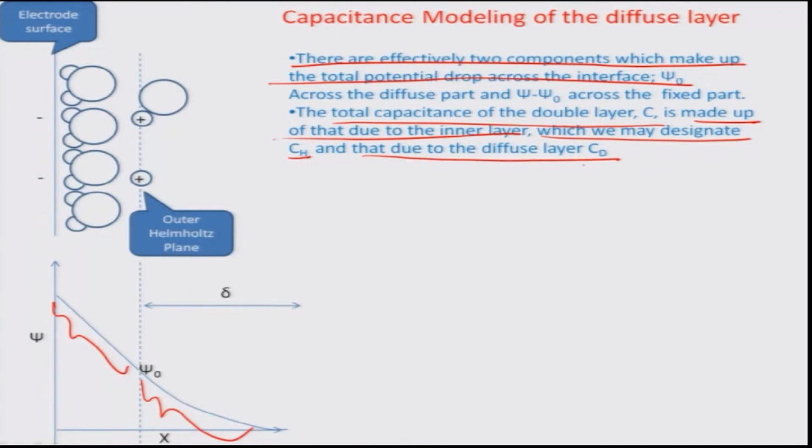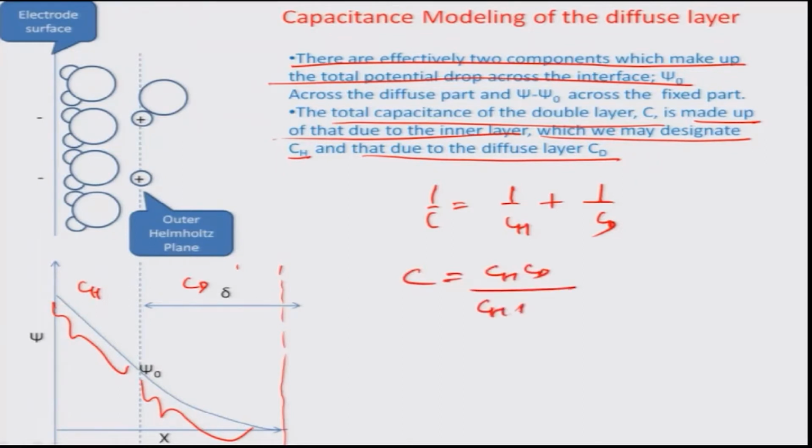This is a series combination of CH and CD, so 1 by C equals 1 by CH plus 1 by CD, so that the total net capacitance comes out to be CH CD by CH plus CD.